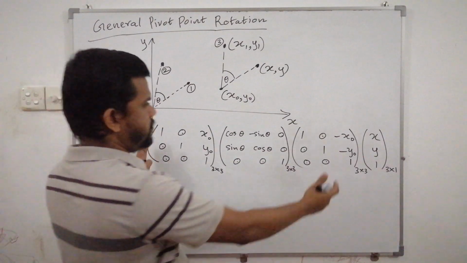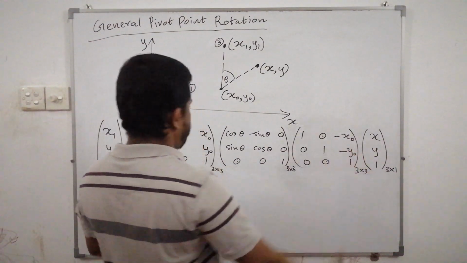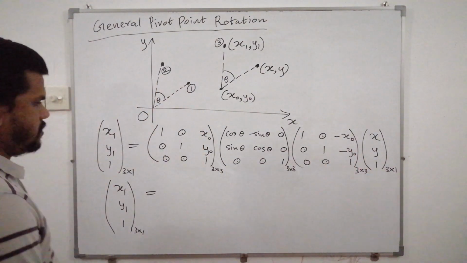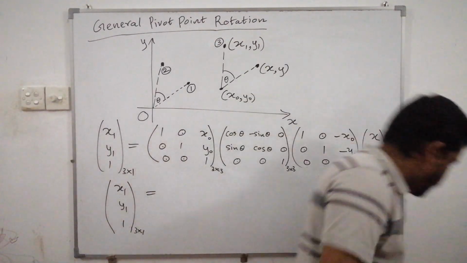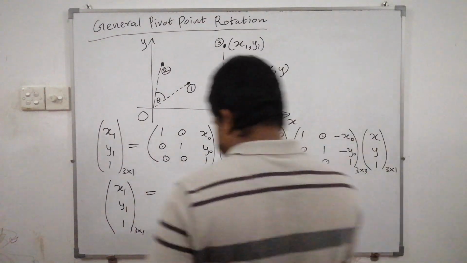We can multiply these three matrices, and then we will get a 3 cross 3 matrix.